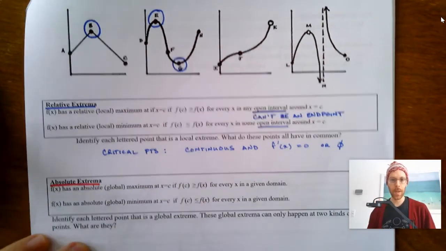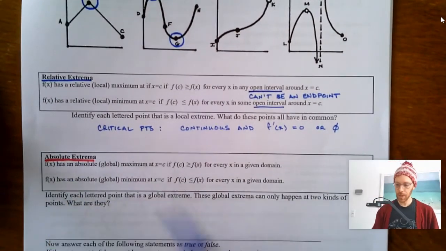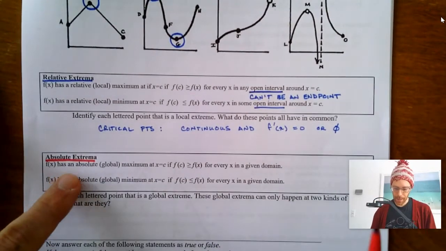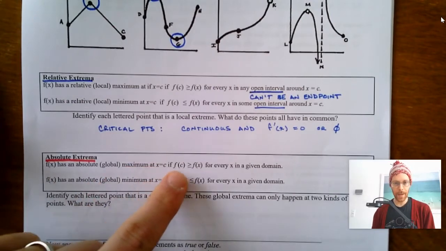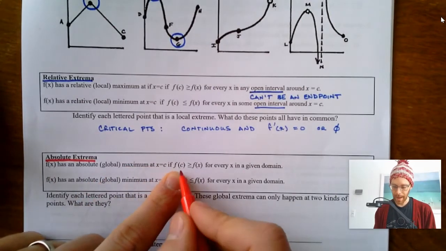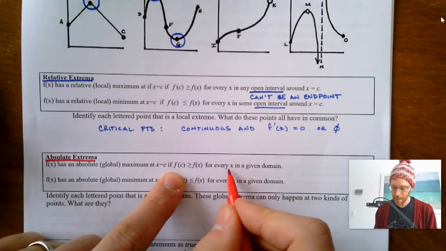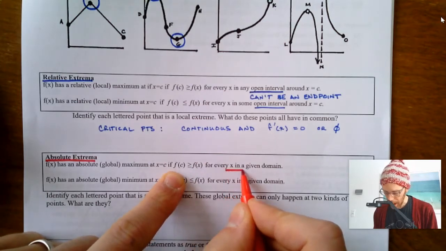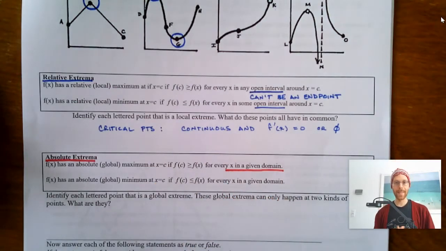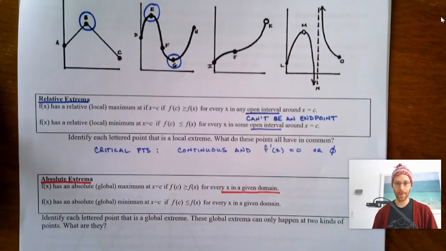So that's review. Here's the new stuff for today. Absolute extrema. An absolute extreme is any value on a function that has a value greater than everything else on its domain, so on the entire graph.